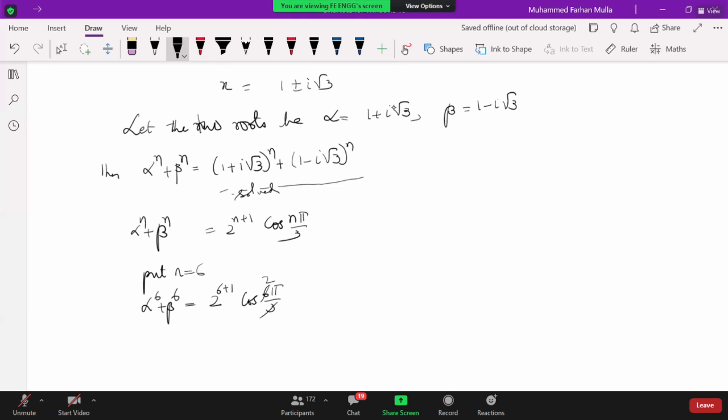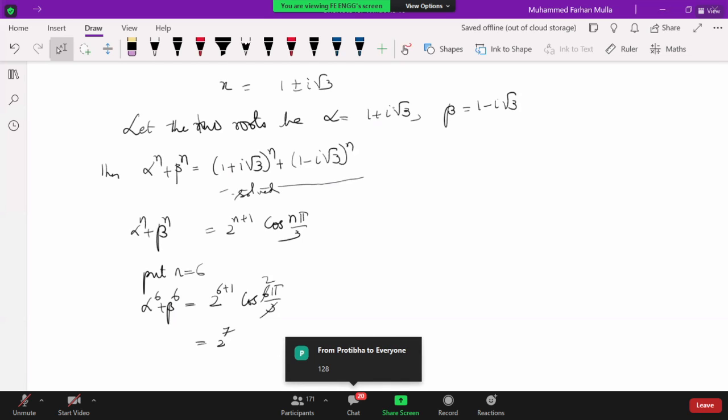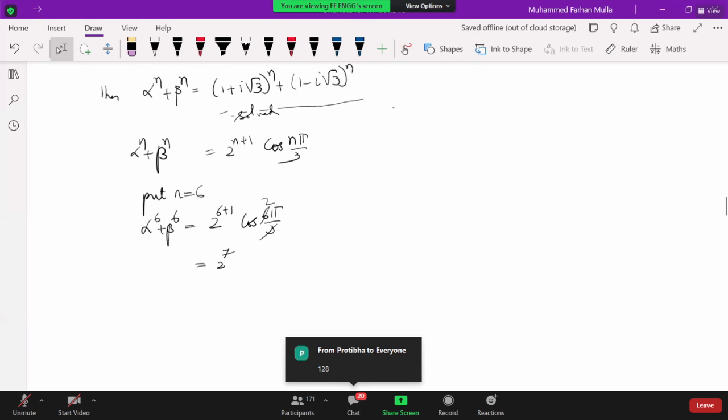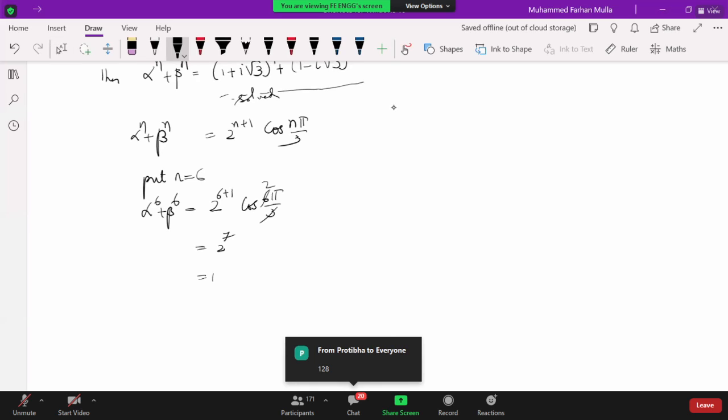So 2 to the 7, cos 2 pi is 1. So what is 2 raised to 7? Two raised to 7 is 128.